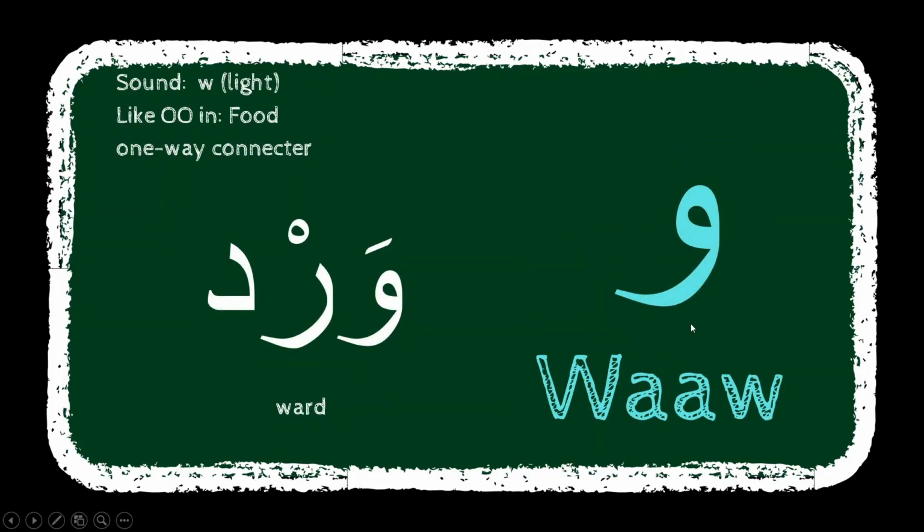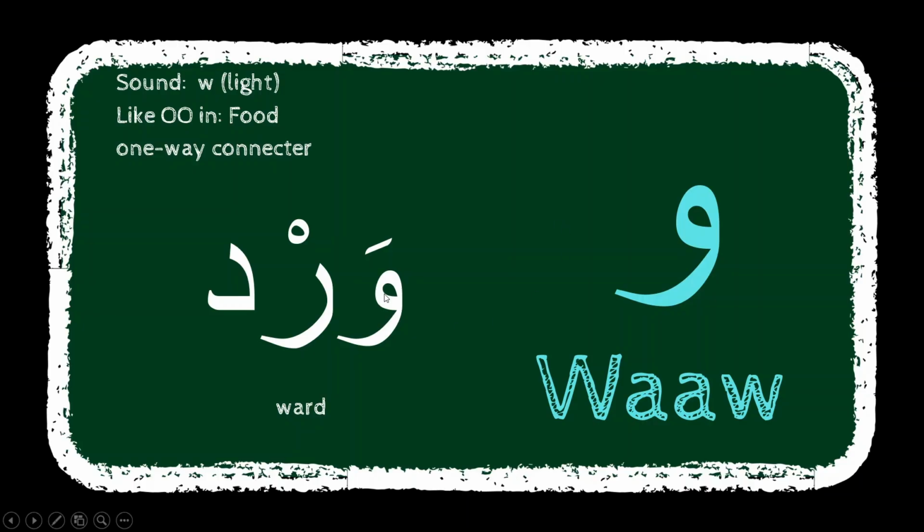The next letter is waw, and it's a light letter, and it's pronounced like the oo in the word food. Also, we pronounce it in this word as word.